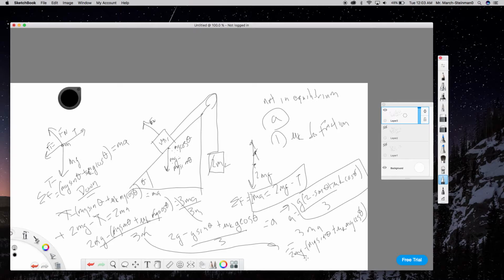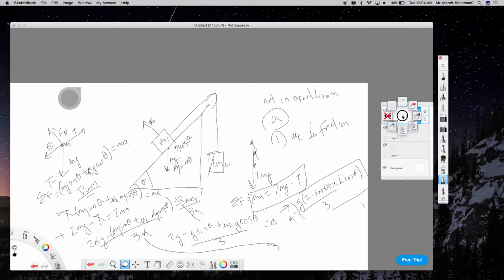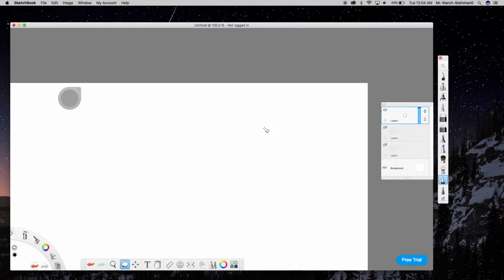I'll subtract this from each side. Let's see if I can copy this. Okay, take that, make a new layer, and we'll drag this up here.